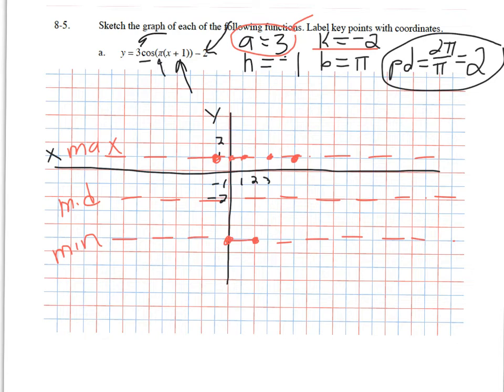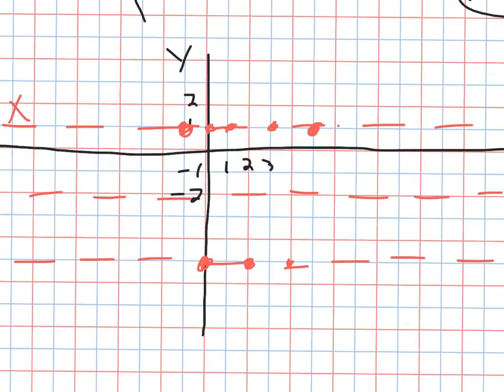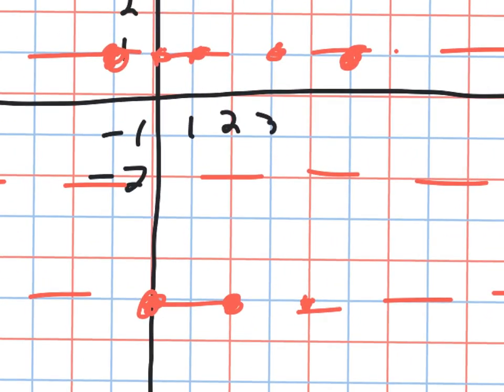I can't see what I'm doing with this stylus. Maybe I can do that a little bit better. When you do this on a test, please take the time to zoom in, make it accurate. I'm actually going to choose a different color.